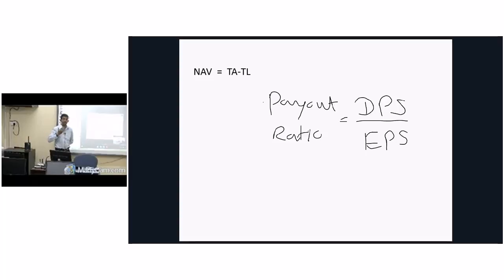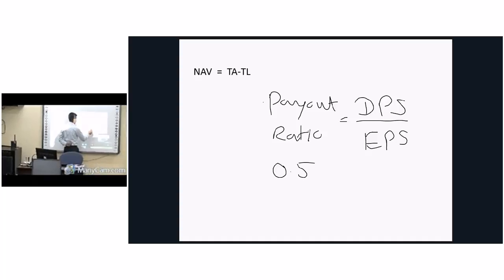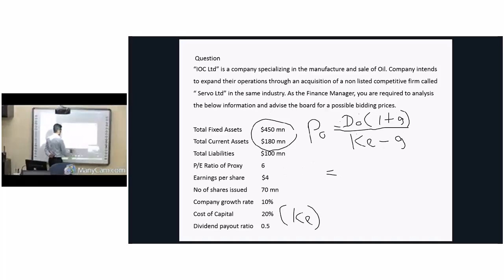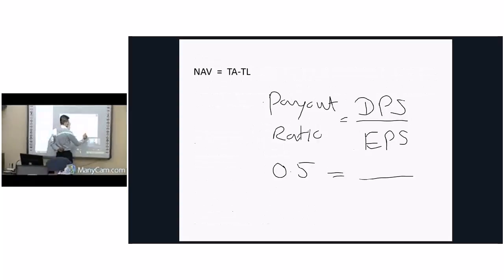What is the payout percentage ratio? Here the payout percentage is given as 50%. So 0.5 is the payout ratio, and the earnings per share is also given. That is, earnings per share is $4.